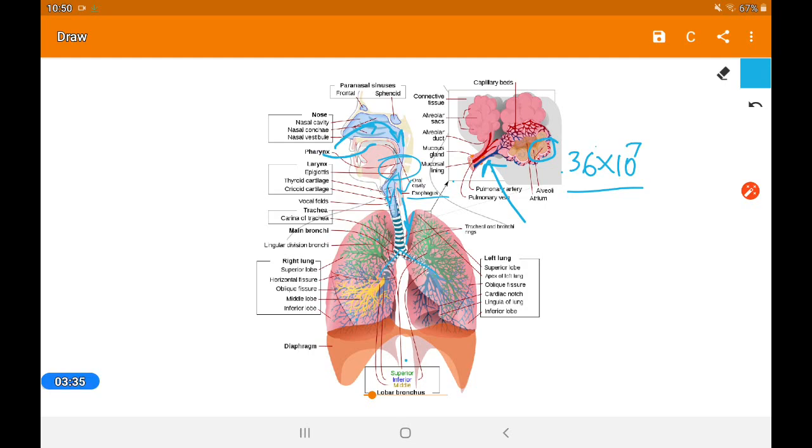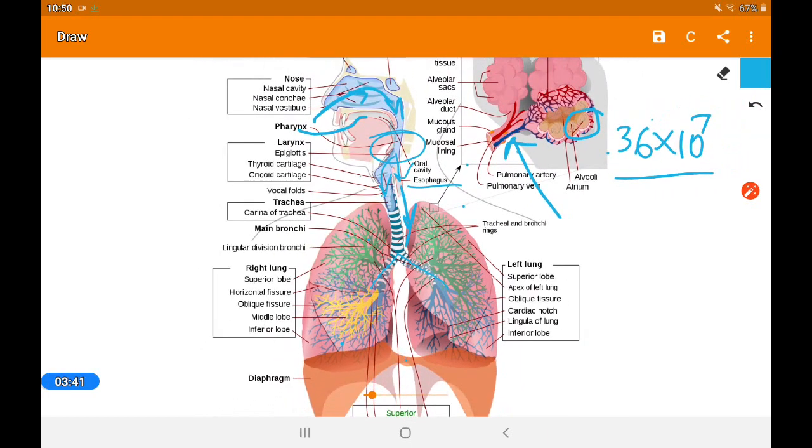You can see this, the alveolar duct. So this part is full of alveoli, alveolar ducts, the bronchiole and the other ducts.